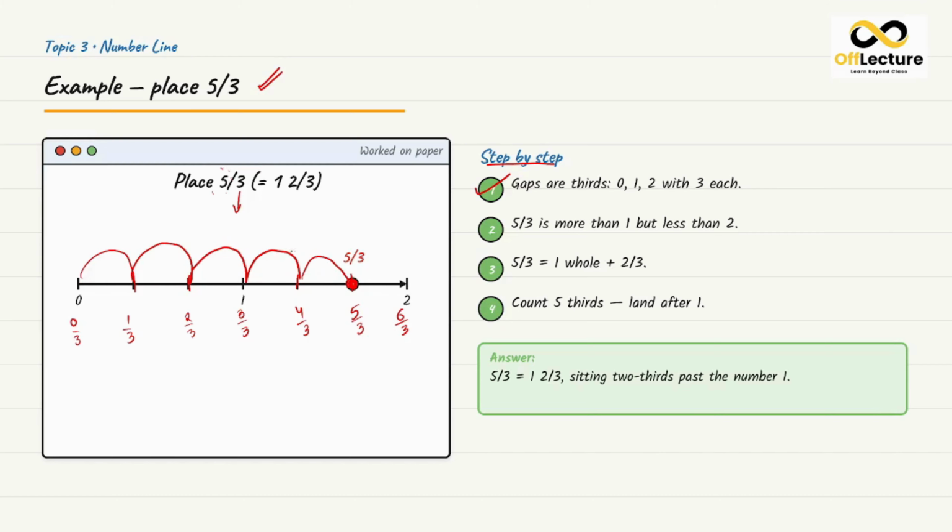If this is an improper fraction, we will do it like this, and we can convert this 5 by 3 into a mixed fraction, which is 1 and 2 by 3. So this is one whole part till this place and 2 more parts in the next interval. This is how we represent 5 by 3, which sits 2/3 past the number 1.